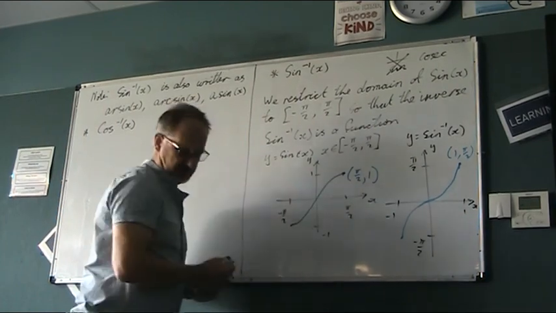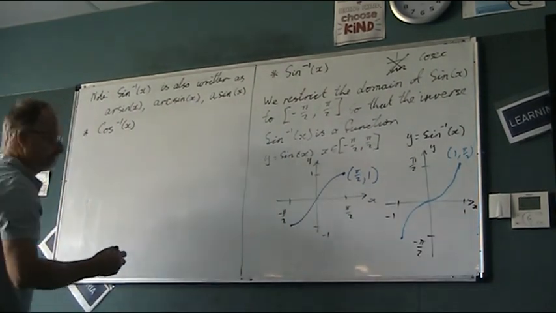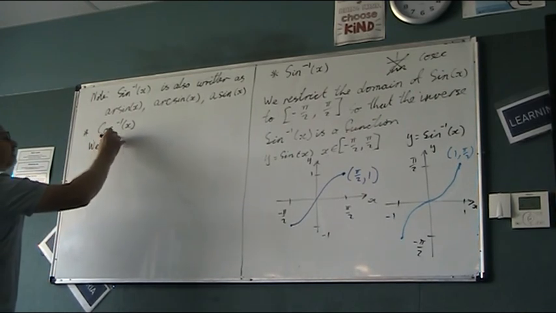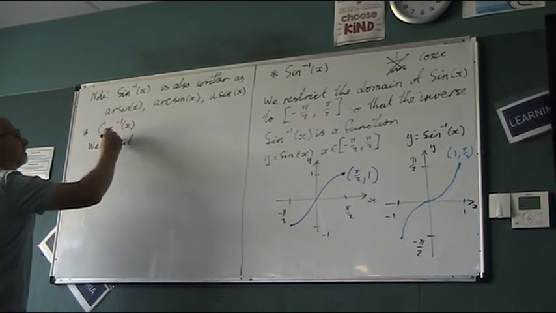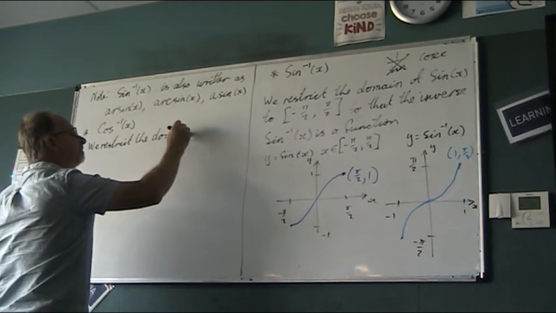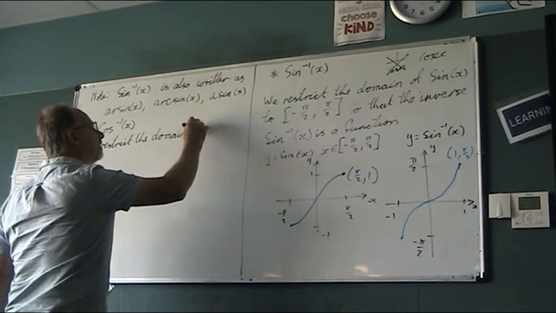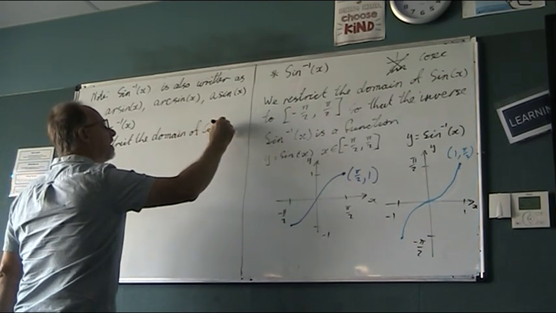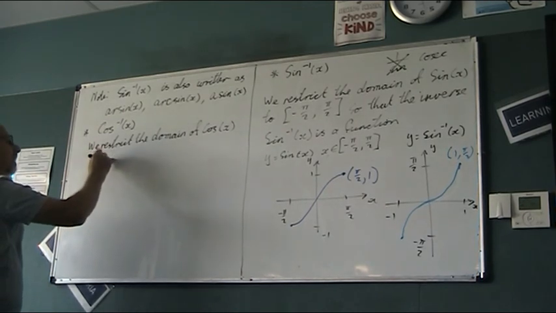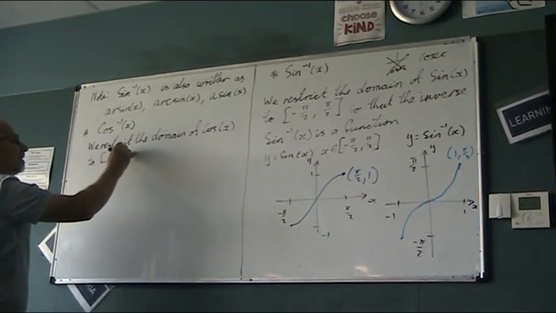So for cos, we restrict the domain of cos x to 0 and pi.